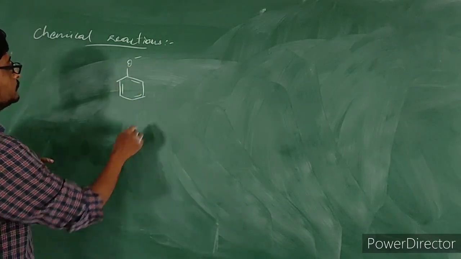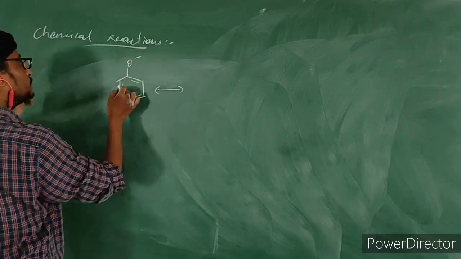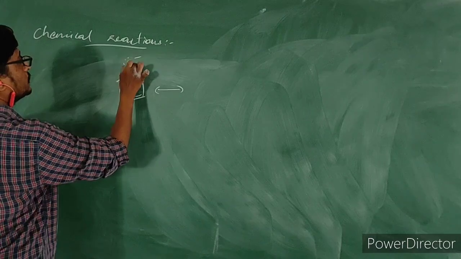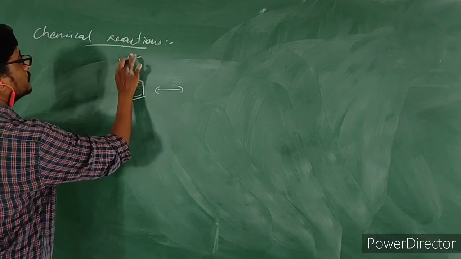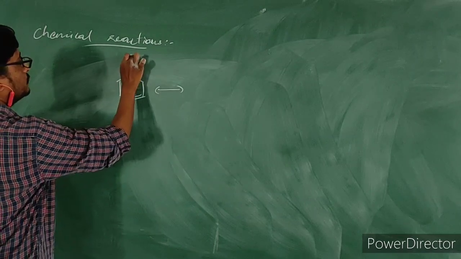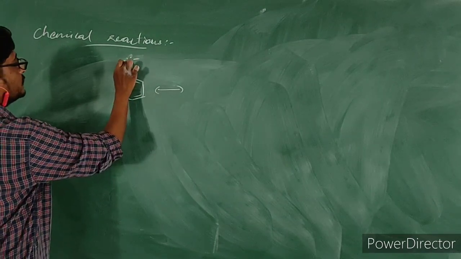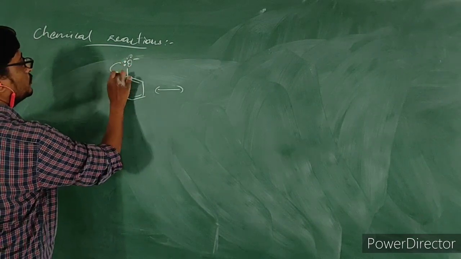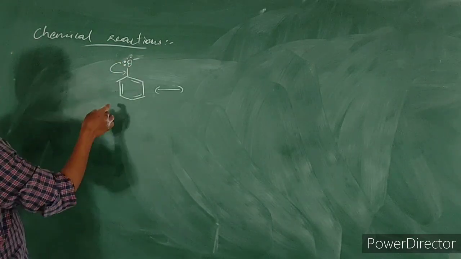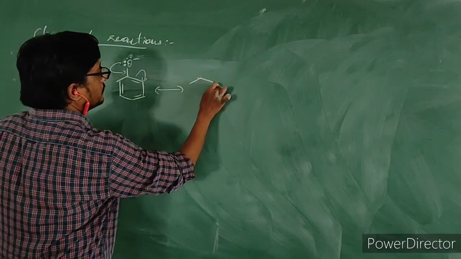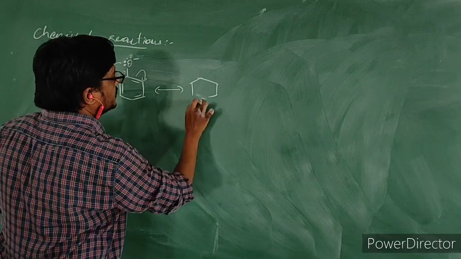This is nothing but the phenoxide ion. So these lone electrons which are there on this oxygen move into the benzene ring, and these pi bonds will shift towards this carbon, and it will form the resonating structure in this way.